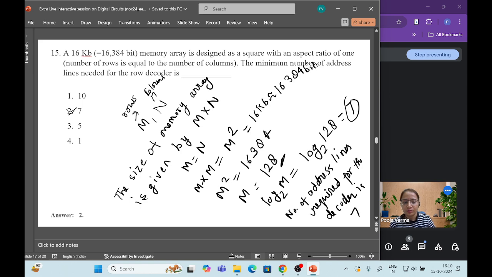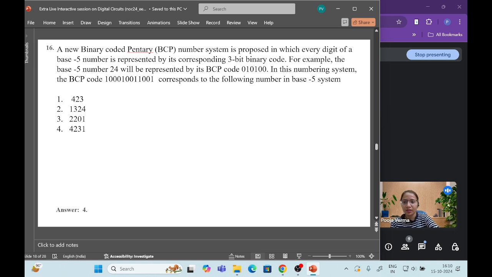Okay, moving to the next question. A new binary coded pantry, BCP, number system is proposed in which every digit of a base 5 number is represented by its corresponding 3-bit binary code.